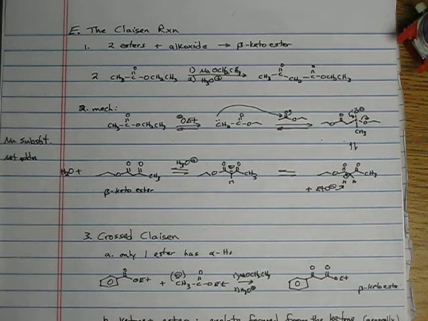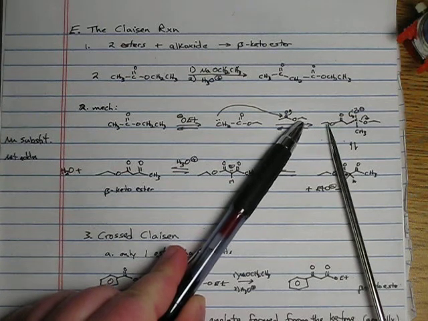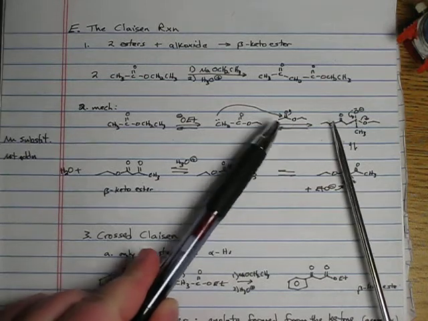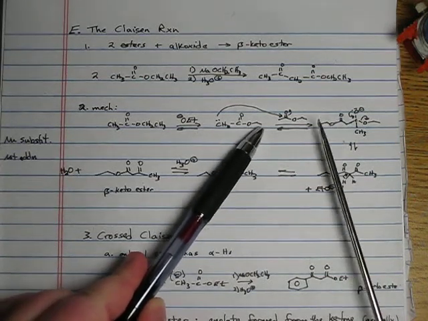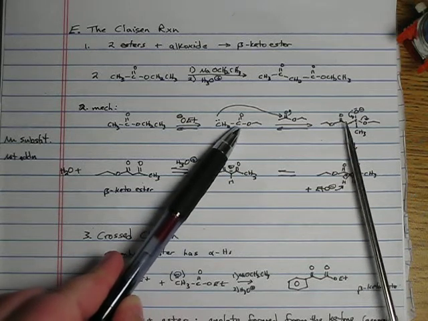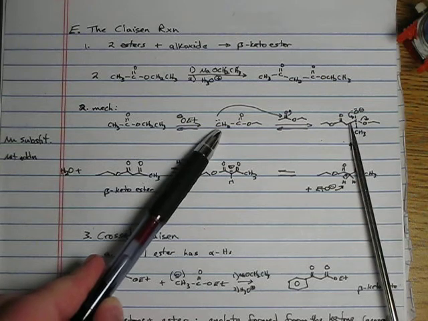If we're following the pieces here, this CH3 is here. CH2 here. Here's our oxygen. Oops, I'm sorry, I'm in the wrong one. This CH3 is here. This CH2 is here. Here's our oxygen. Here's our carbonyl. Nothing happened to that carbonyl. Here's that CH2.